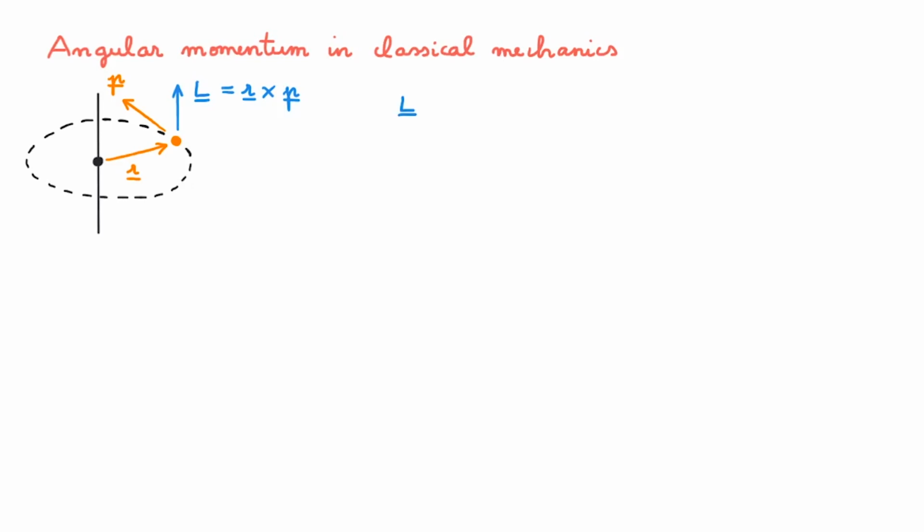Angular momentum, like position and linear momentum, is a vector quantity. And this means that for calculations, we typically want to write it in terms of components defined with respect to some basis. For example, in Cartesian coordinates, the components would be Lx, Ly, and Lz. But moving forward, we're going to be more general and write these as L1, L2, and L3.